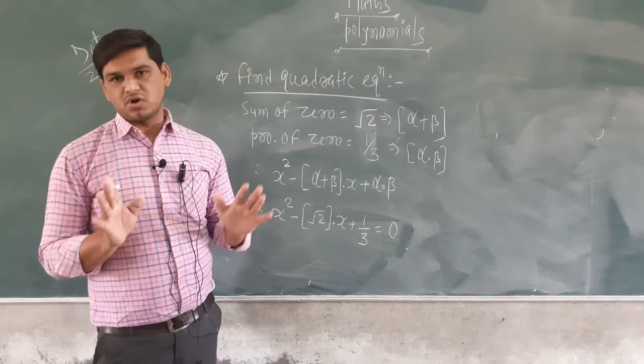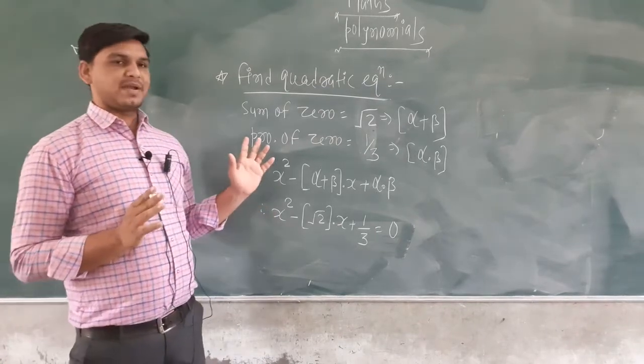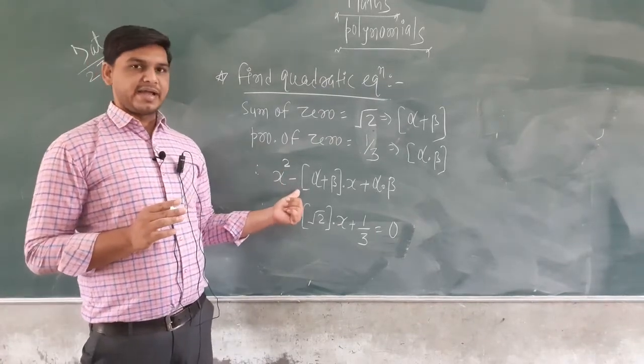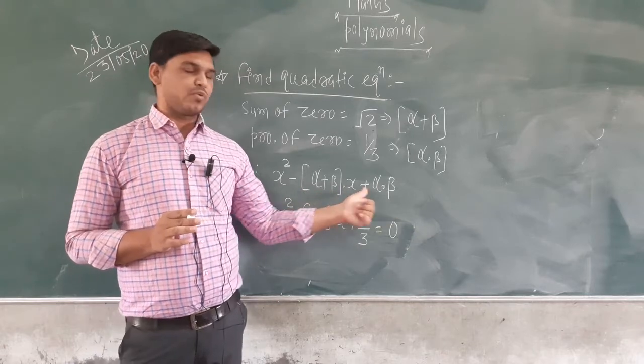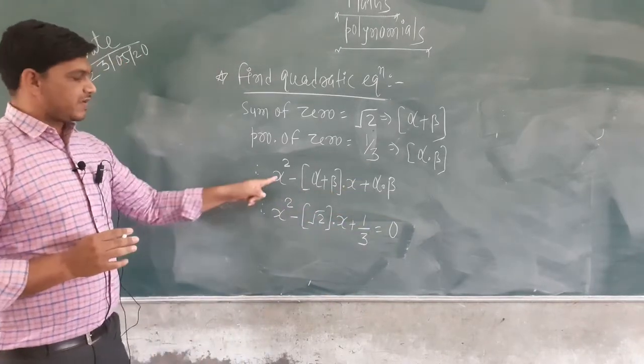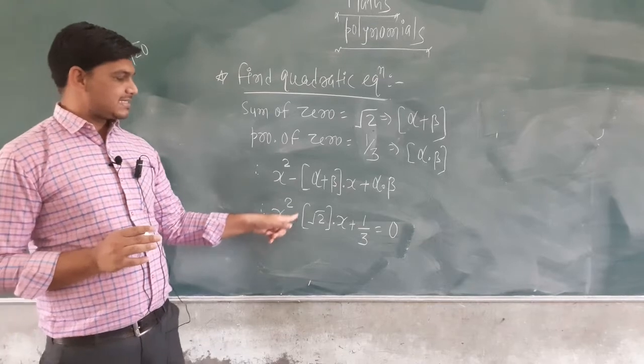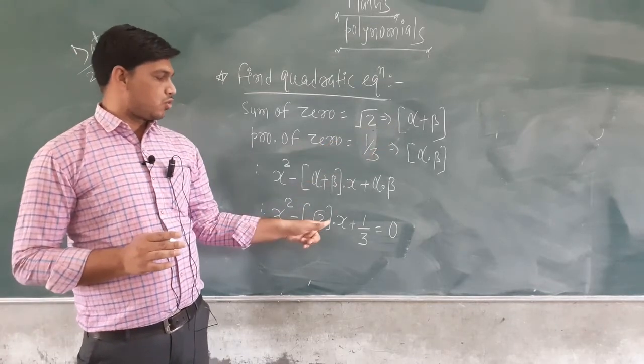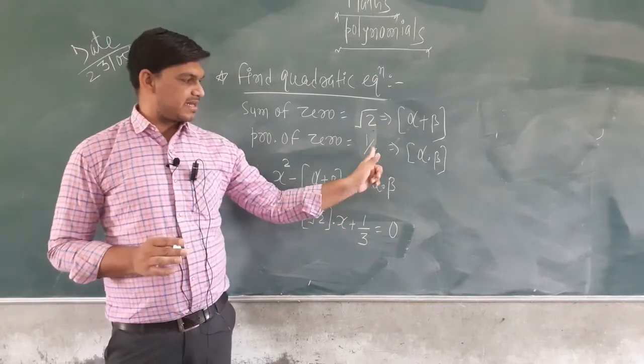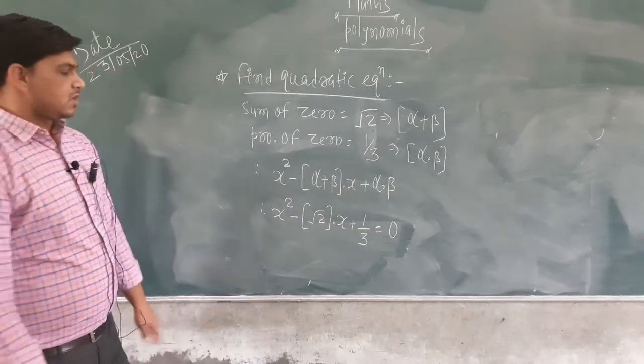Because the sum of zeros is root 2 and the product of zeros is 1 by 3, to find the quadratic equation we apply the formula x square minus (alpha plus beta) into x plus alpha into beta. So x square as it is, minus sign as it is, alpha plus beta, that is root 2, into x plus alpha into beta, that is 1 by 3.